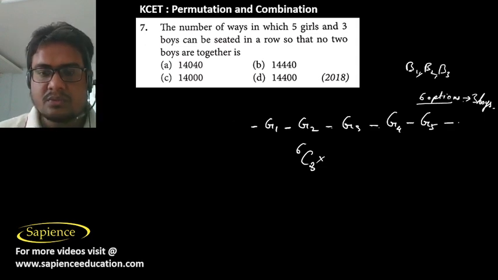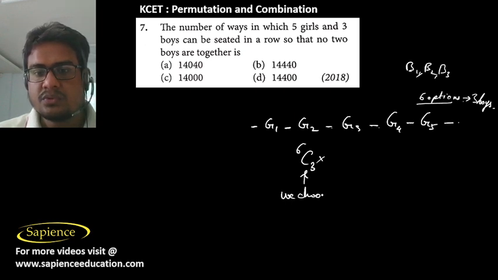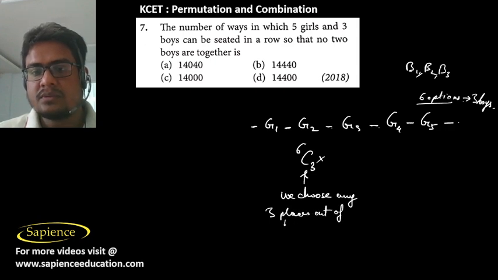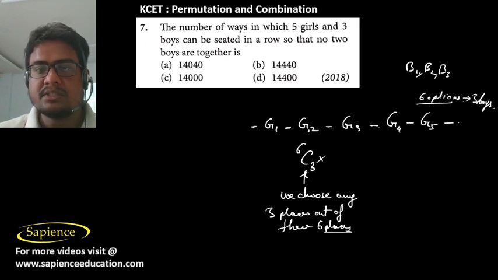So by 6C3 ways we choose any 3 places out of these 6 places where the boys can sit, since boys should sit in between the girls only.